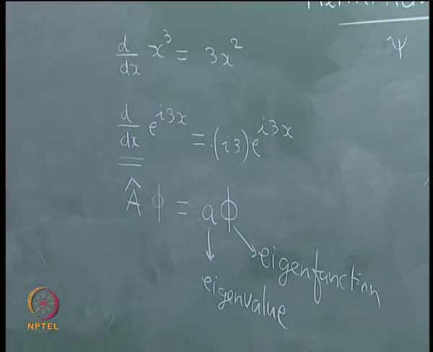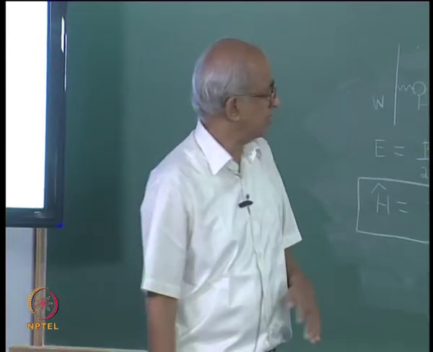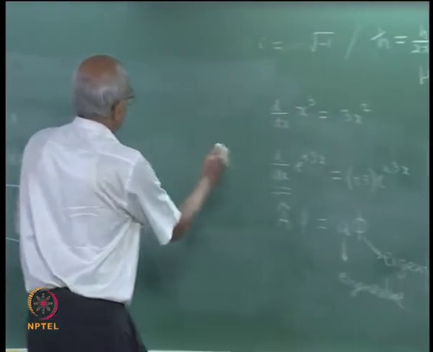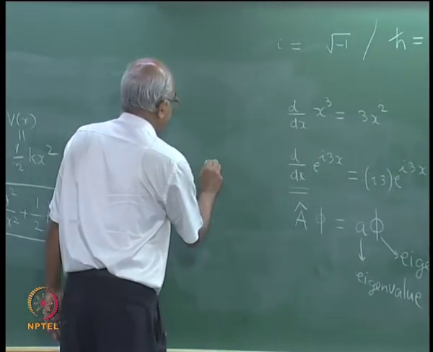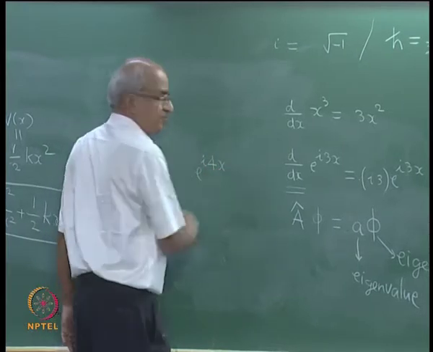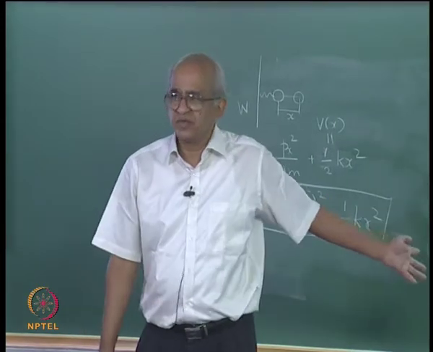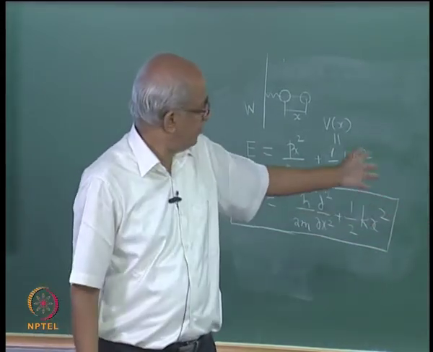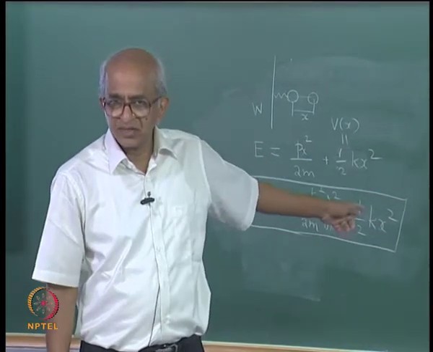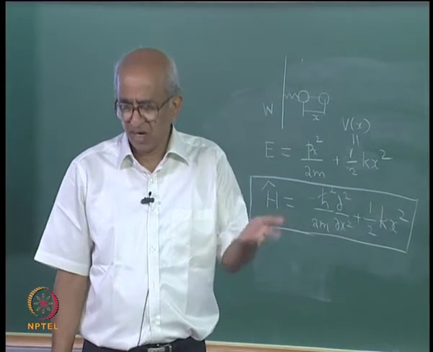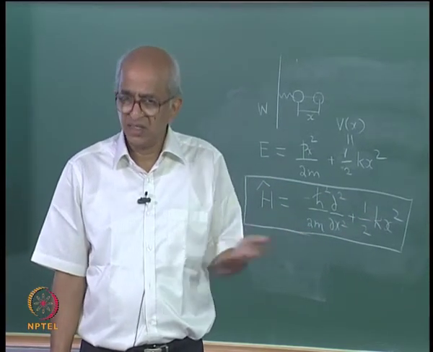Now, a given operator may have several different eigenfunctions. For example, I could have said e to the power of i 4x. That also is an eigenfunction of the operator d by dx. So, e to the power of i 5x again is an eigenfunction.